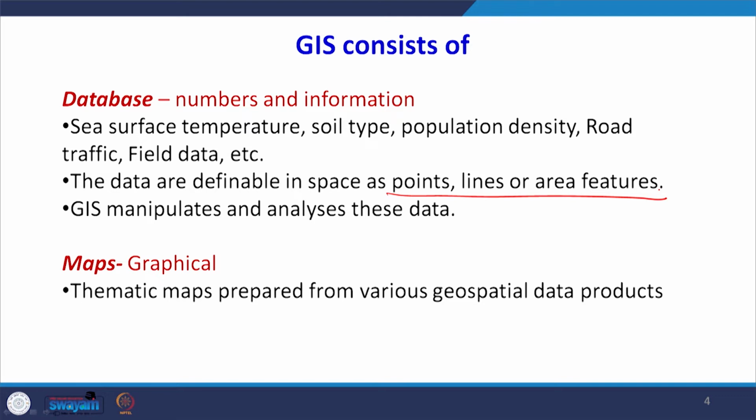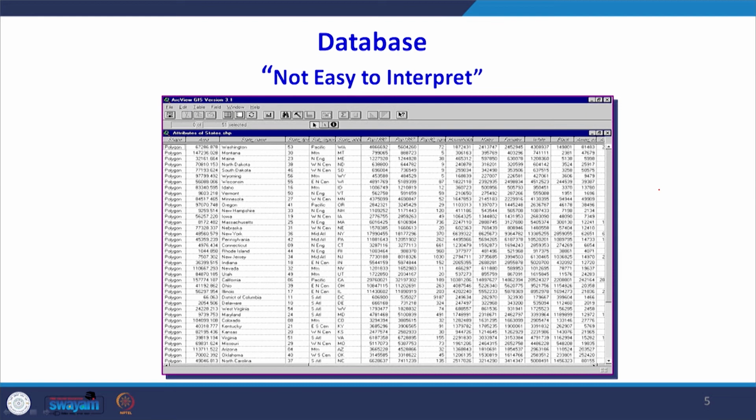So we are preparing thematic maps from the geospatial tools which we have learned in our previous lectures, and these thematic maps we can now use in GIS. Some maps we can use directly, some maps need a little bit of processing and conversion in order to use them in the GIS environment directly.